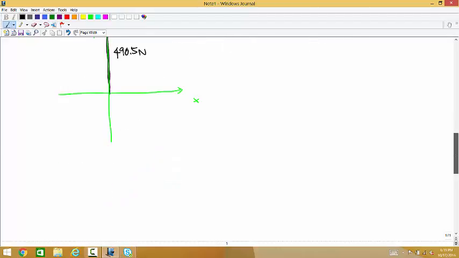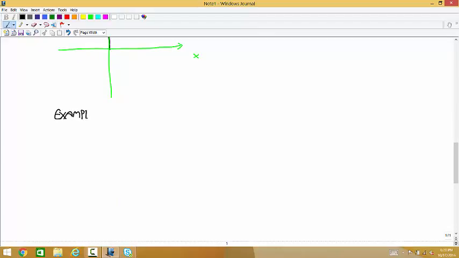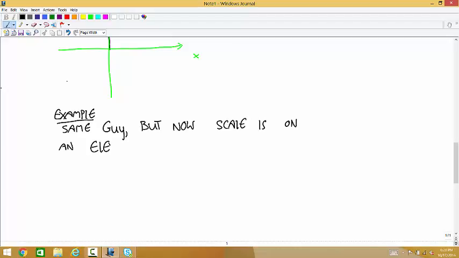Well, let's do a similar one now. So same guy. But now the scale is on an elevator that's accelerating upward at, I don't know, 1 meter per second squared.